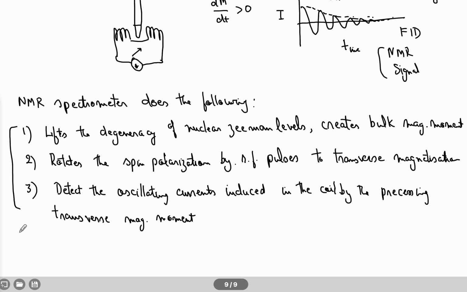Rest everything can be put into details, but typically the degeneracy of nuclear Zeeman levels is lifted. That is the alpha and beta levels if we are talking about spin half particles.